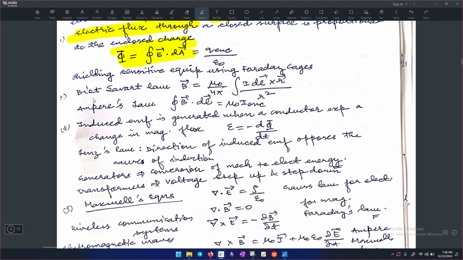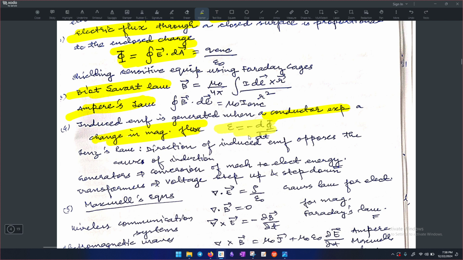Biot-Savart law and Ampere's law, these two are quite crucial. Biot-Savart law is dB is equal to mu naught upon 4 pi I dl cross r by r squared, and the loop integral B dot dl is equal to mu I enclosed. Induced EMF is generated when a conductor experiences a change in magnetic flux.